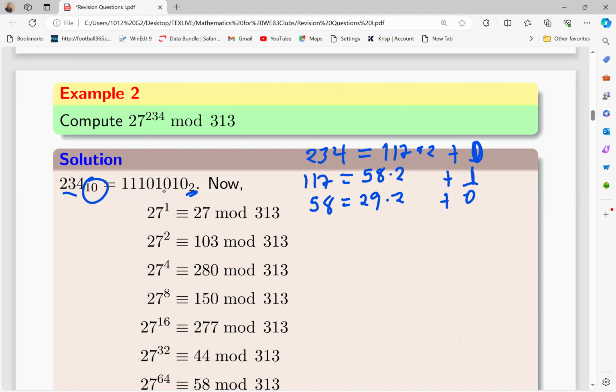0. What about 2 into 29? It goes 14 times, and the remainder is 1. What about 2 into 14? 7, and the remainder is 0. So this one is not 7.2, it is 7 times 2.